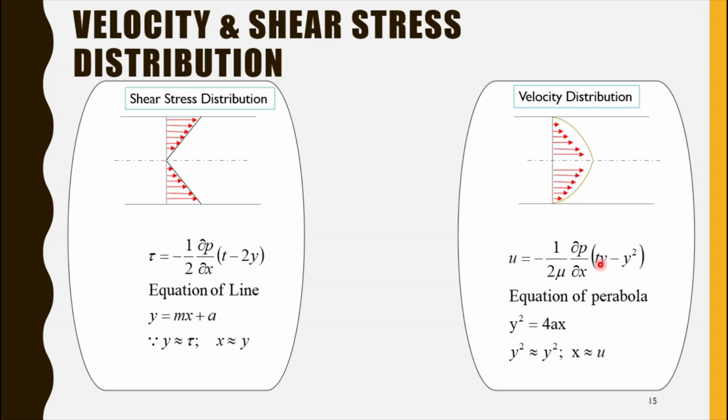So we can say that the shear stress distribution and velocity distribution are the same in both cases, flow through a pipe and flow between two parallel plates. This concludes our first set, shear stress distribution and velocity distribution.